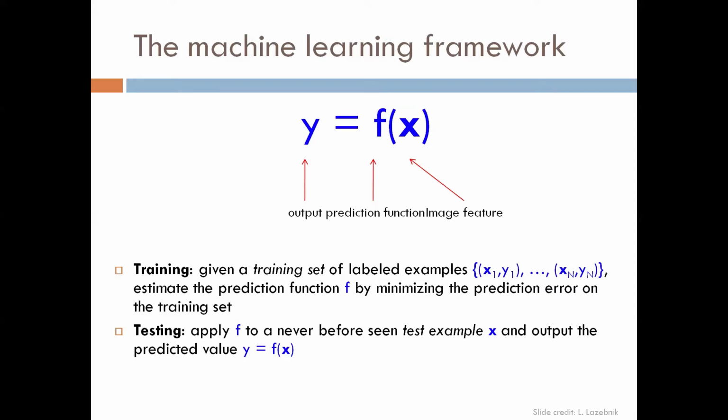So in testing, apply the function to a never-before-seen test example. Then only will you have a proper test. If you have seen the example before and you are learning with the same, the test is not meaningful. For example, if I need to identify cow and dog, and I have seen dog but not cow, then my prediction is a real test.